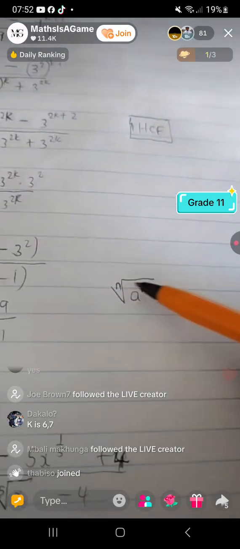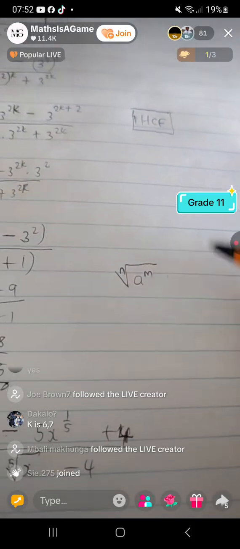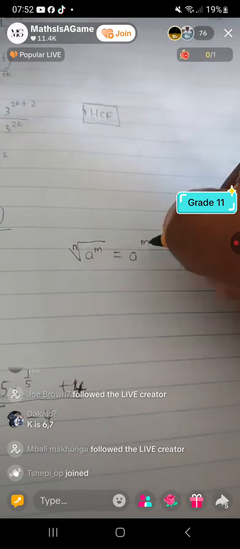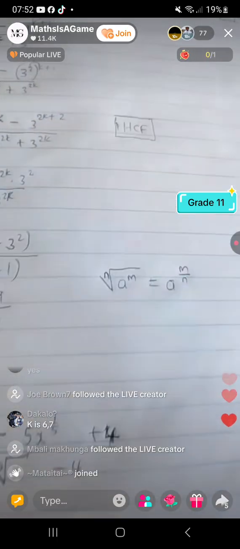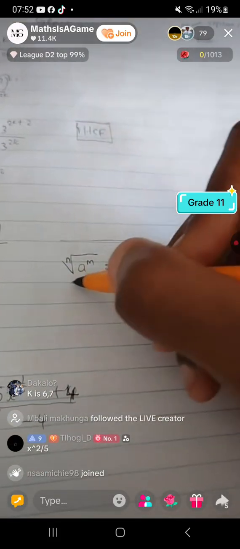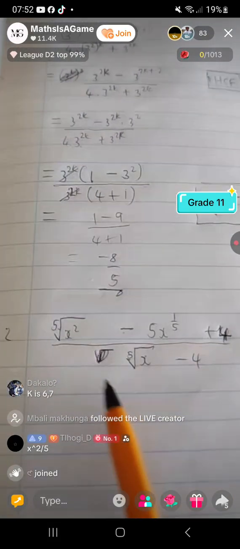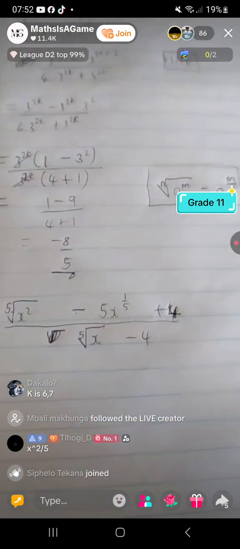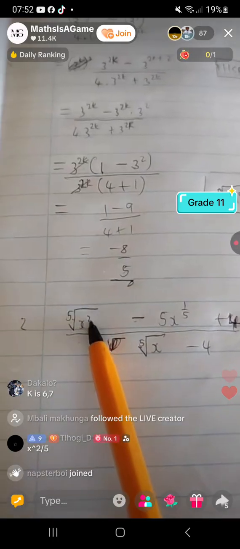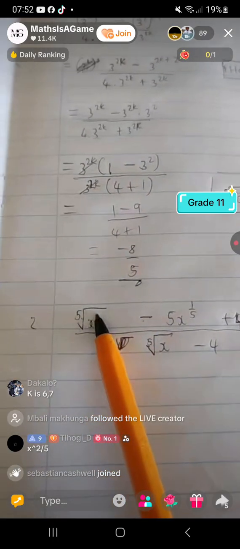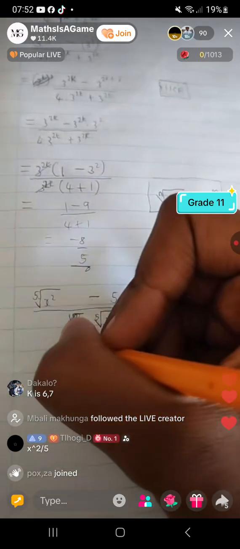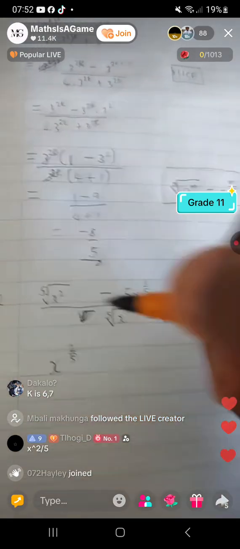If we have a to the power m to the nth root, this can be rewritten as a to the power m over n. This is a very important, useful rule that we utilize. So of course, as Dochi is saying in the comment section, the fifth root of x squared we can rewrite as x to the power 2 over 5.